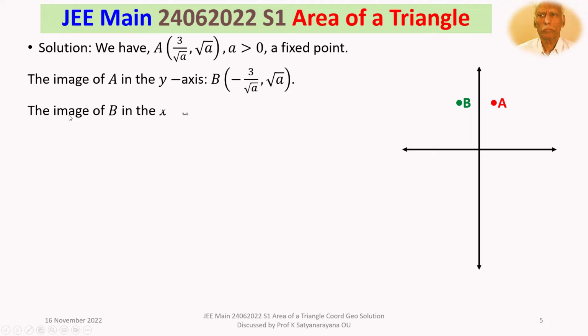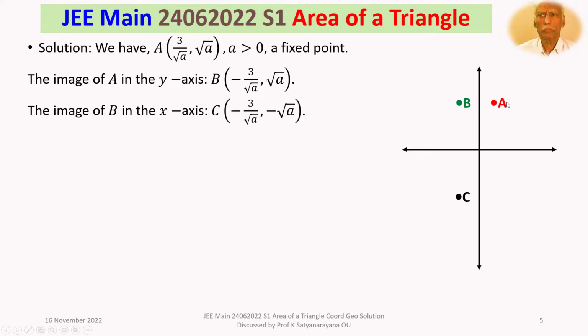And the image of B in the x-axis is C. When you take the image of B in the x-axis, the abscissa remains the same, and the ordinate changes its sign. So C will be in the third quadrant.